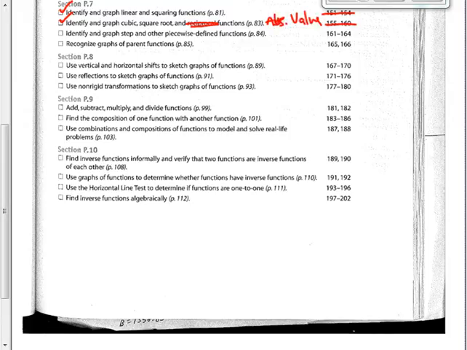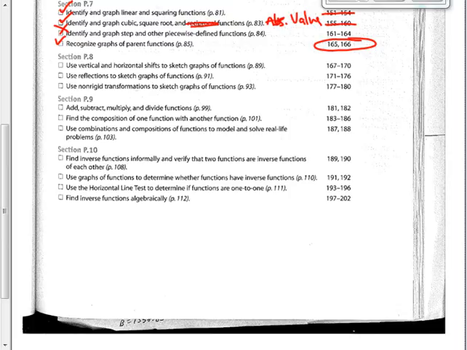You need to be able to identify them. Decide whether a given equation or a given graph is absolute value, cubic, etc., etc. We didn't do these, and we did recognize graphs of parent functions. So when you look at 165 and 166, you can actually do those example problems if you're looking for some guidance or some help, some problems for recognizing those graphs.